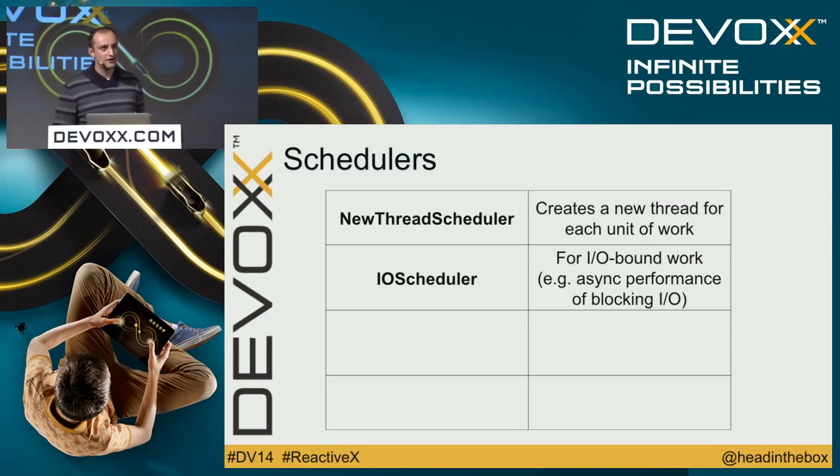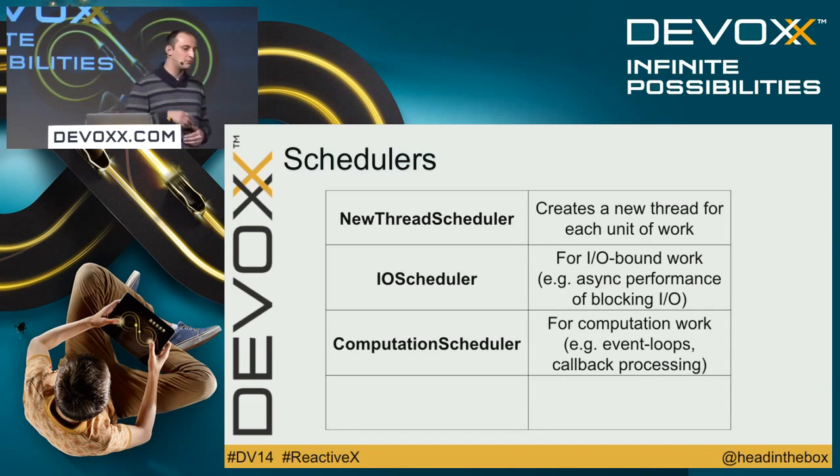So if you're doing some type of I/O that really is blocking, use the I/O scheduler. And if you have some type of computational work that doesn't involve blocking I/O, for that you can use the computation scheduler.